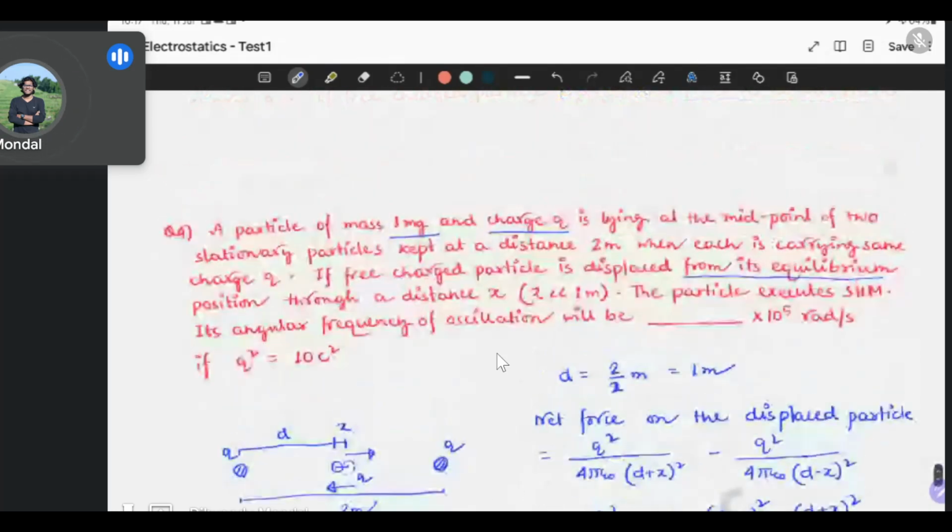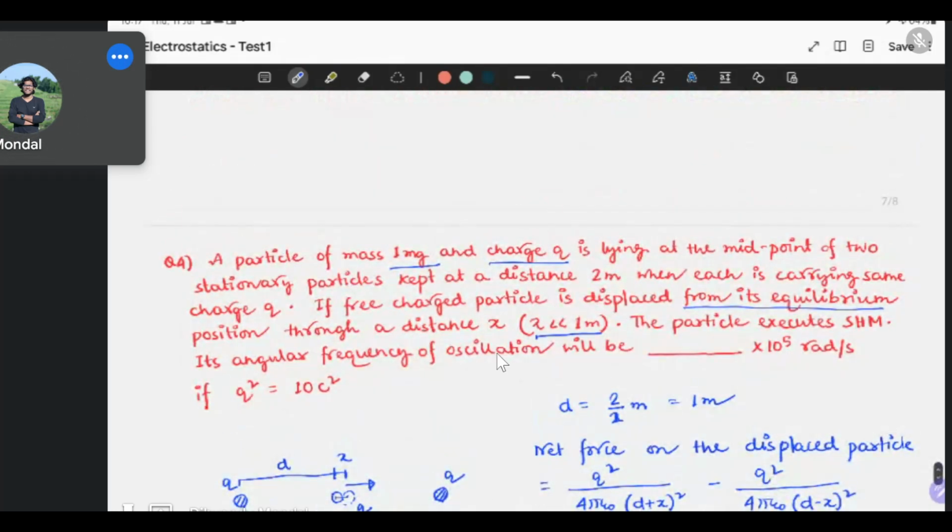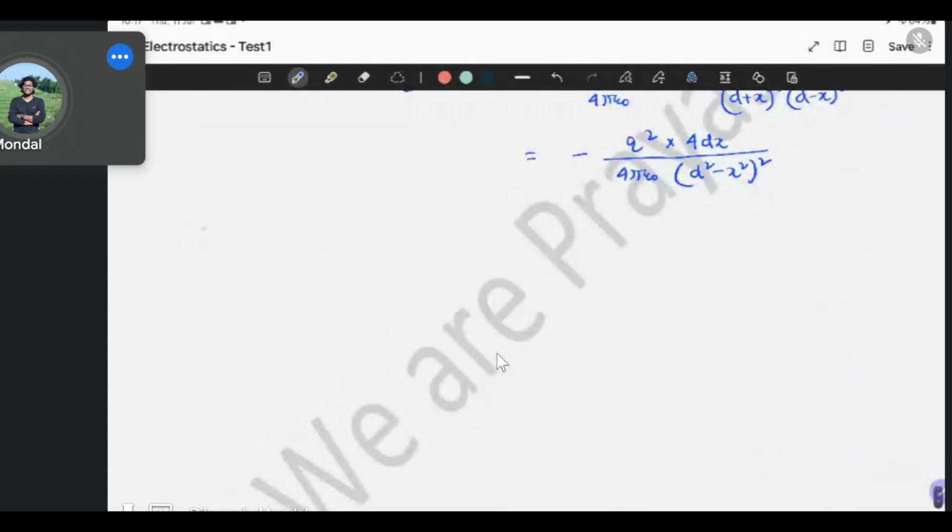Now, x is very much less than 1 meter, that means x is very much less than d. So (d square minus x square) whole square is very close to d to the power 4.